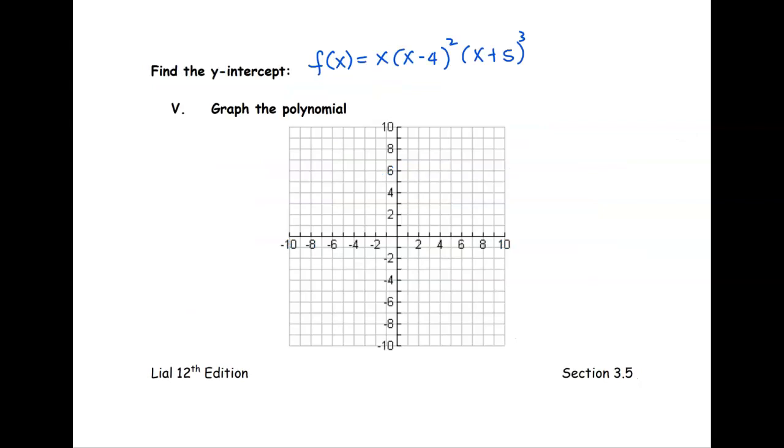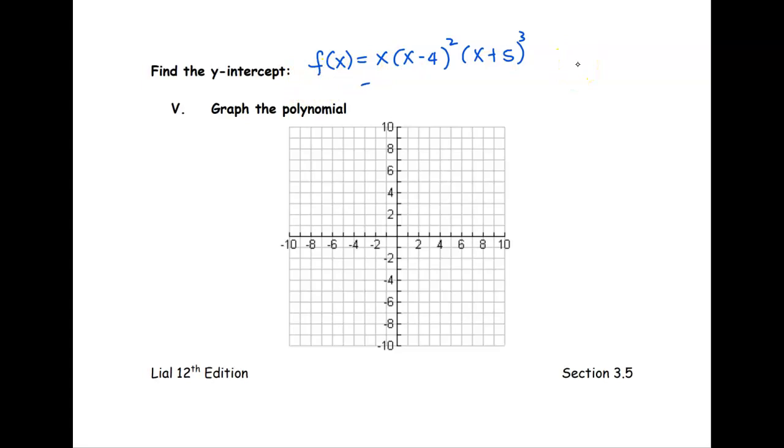Now we will find the y-intercept. Our given function is f of x equal to x times x minus 4 squared times x plus 5 cubed. To find the y-intercept, we replace x by 0 and solve for y.